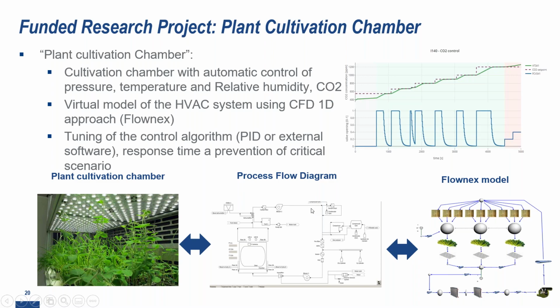There is a process flow diagram which has been represented in a Flownex model, and this model has been implemented as an HVAC system to have a precise calculation of the humidity conditions inside this control room, and also to develop the algorithm to make a control loop and check the temperature, relative humidity, and pressure inside the plant cultivation chamber.